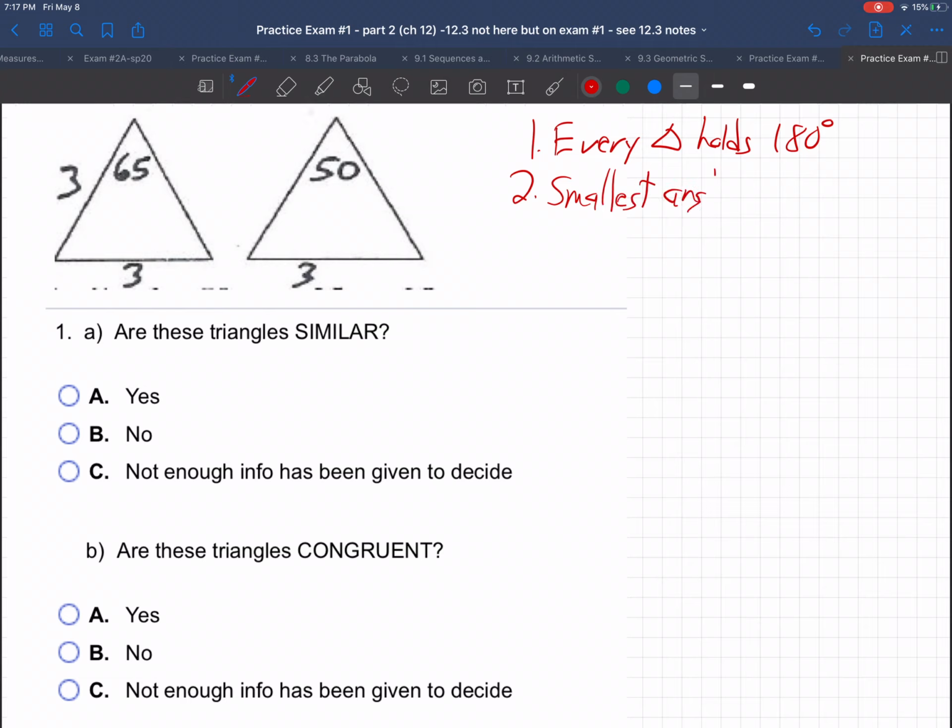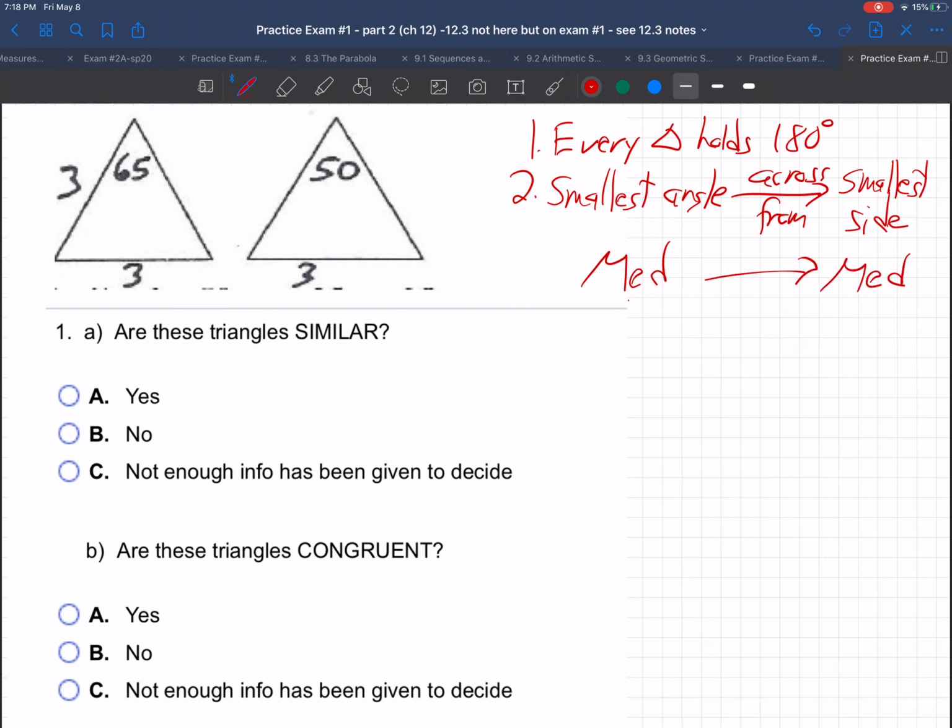Smallest angle is across from smallest side. Medium is across from medium, and large is across from large.